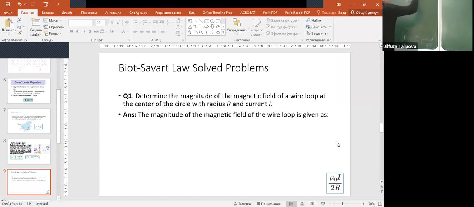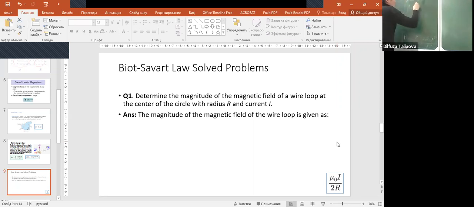So B is equal to mu0 divided by 4 pi integral of I dl sine of theta, R divided by R cube. Okay. And here, if I and dl, the length of the wire, are constant, we don't need to use these ones.